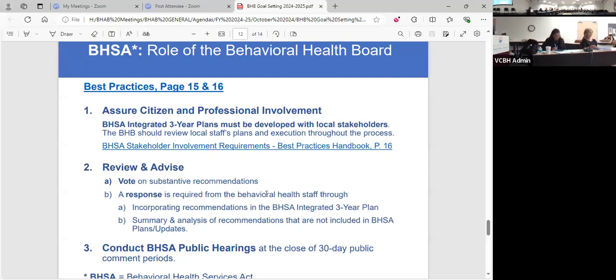If you vote on a recommendation during a meeting where you have a quorum, and you have voted to support that recommendation, then if it's a Behavioral Health Services Act recommendation, the agency either needs to implement that in their next integrated plan, or they need to explain why they did not to the Department of Healthcare Services for California and to your Board of Supervisors.